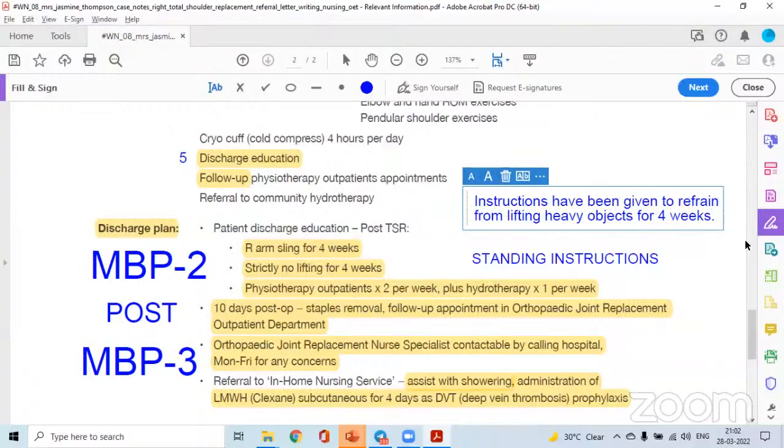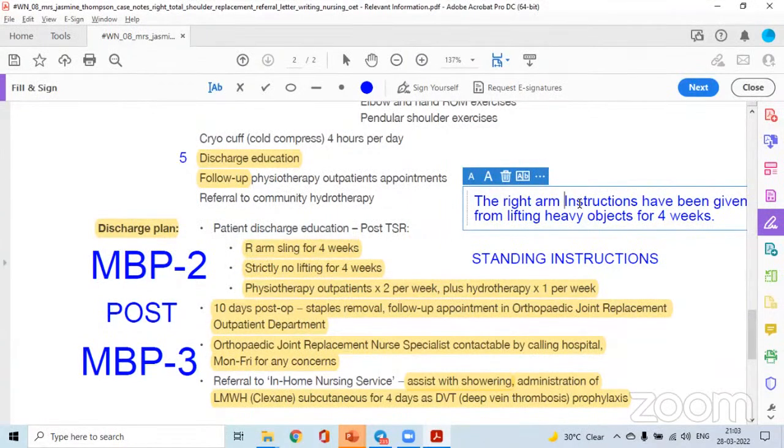Okay. So how are you going to write? These two things you can add. Because the right arm sling should be used for 4 weeks.